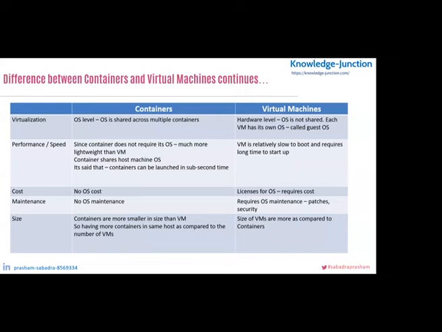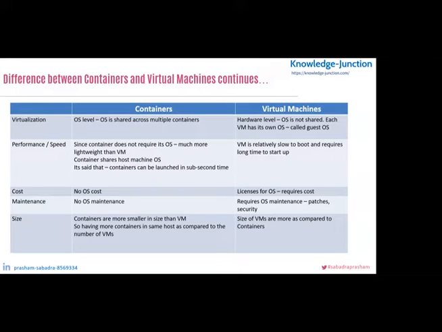Then on other criteria like performance, cost, maintenance, and size, containers are ahead of virtual machines. On performance and speed, since containers do not require their own operating system, they are lightweight. A virtual machine is relatively slow to boot since it requires a long time to start up.